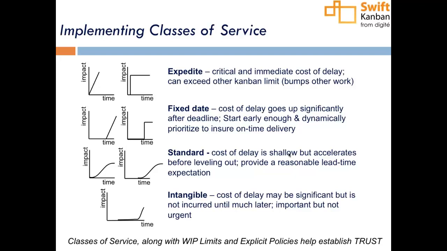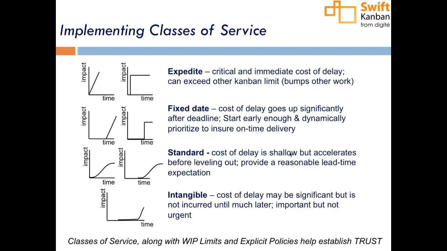Okay, so as Mahesh said, the common scenario is the standard class of delivery, which should be the majority of your cards. Then there is the expedite, fixed date, and intangible. Fixed date is the date of delivery.